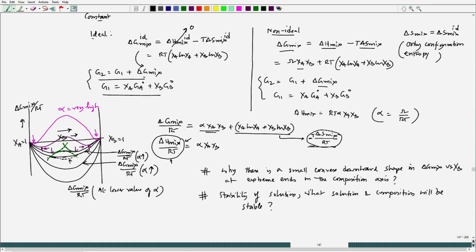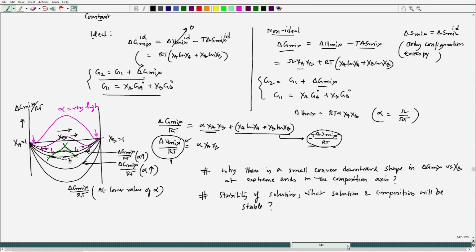Now, in order to respond to the first question, let us actually do that. The first question is why there is a dip even at a very high value of delta Hmix, or delta Hmix by RT, or higher alpha values. Okay.